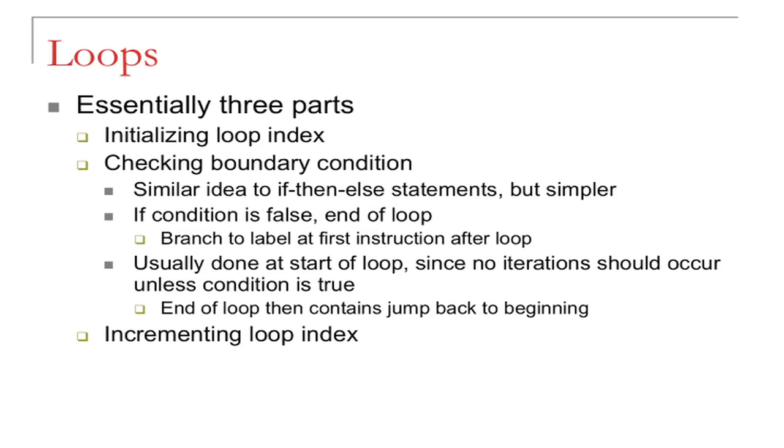And the end of the loop will contain the jump back to the beginning. So that's what we do in the loop iteration. And one important thing we also need to do is to increment or decrement the loop index, depending on how you design the loop.